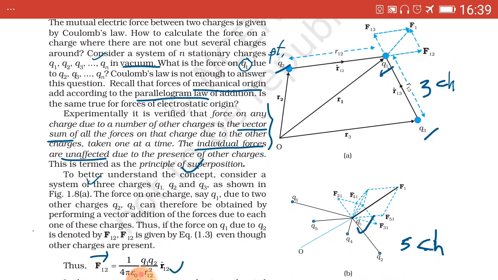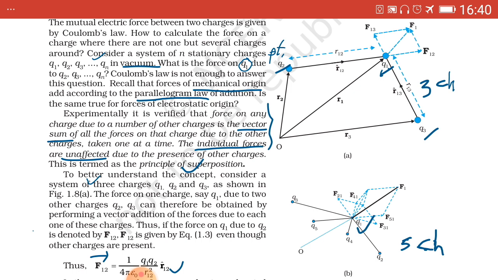Now the force on Q1, we want to calculate the force on Q1 due to Q2, Q3 and so on up to Qn. We know that forces of mechanical origin add according to the parallelogram law of addition.